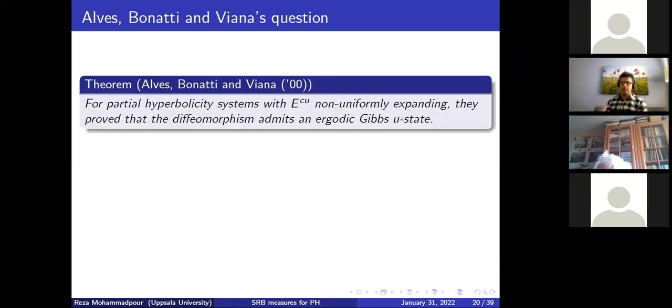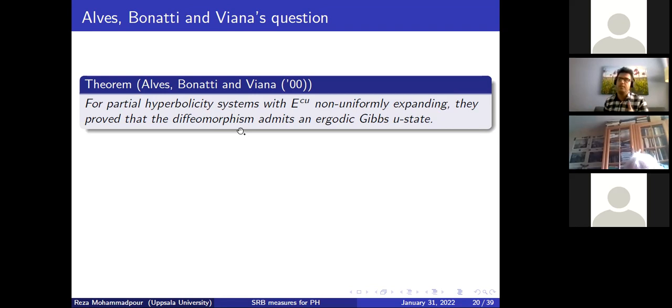They also have another result, which is mentioned in section 6 of their paper. They prove that for a general partially hyperbolic system, in these cases you don't have a uniform contraction. Imagine you have a general partially hyperbolic system with the assumption that E^CU is non-uniformly expanding.